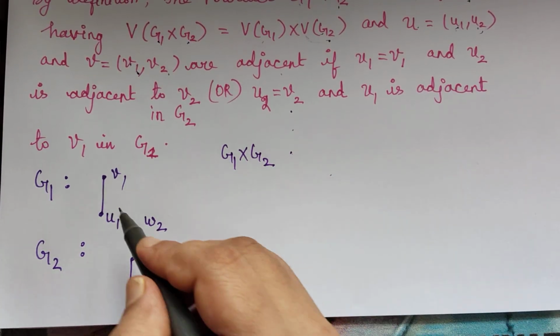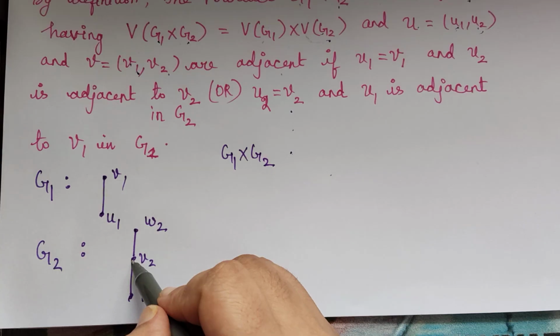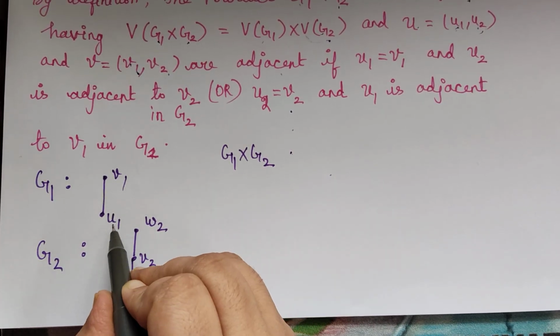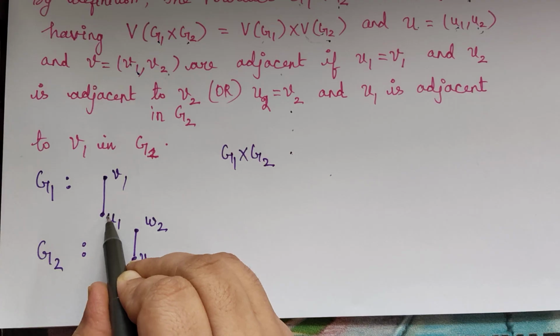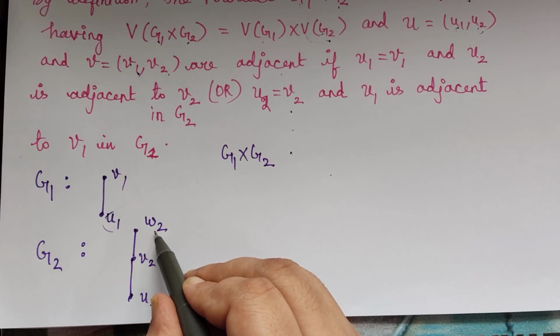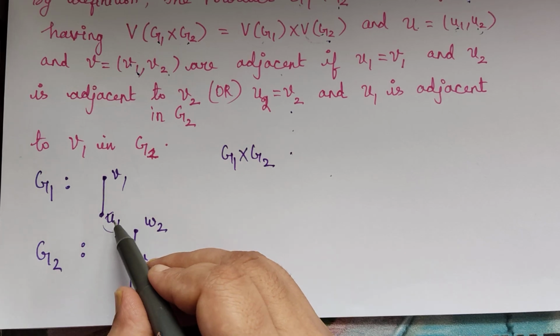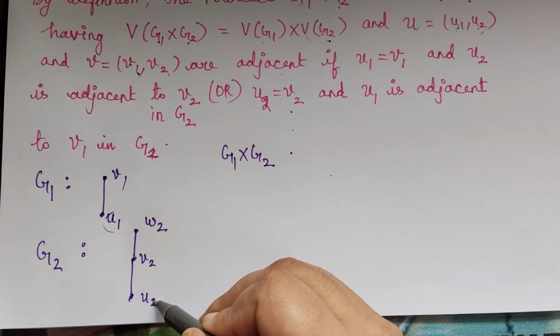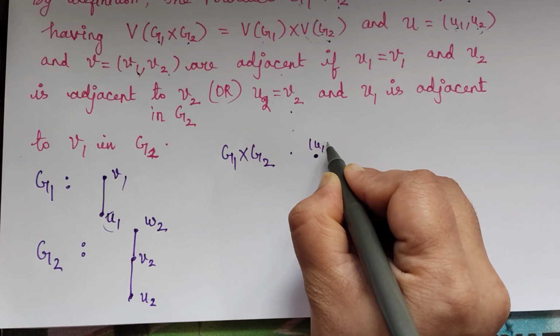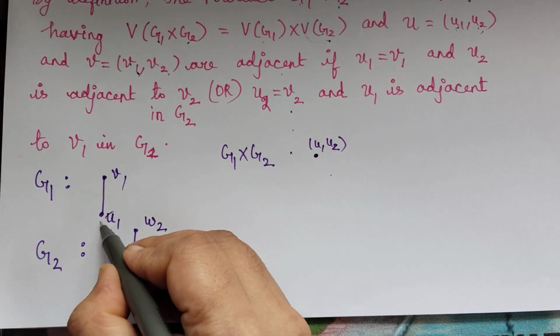We have to take the ordered pairs of these points first. You take u1 and take the ordered pair with all these vertices. So it will be u1 with u2 first, and that point we will plot. So this is u1 u2.